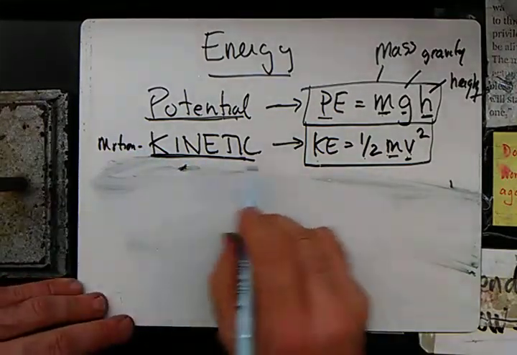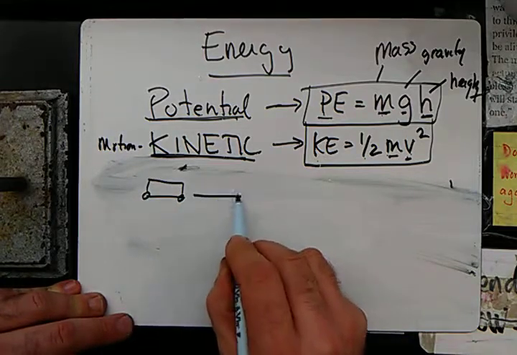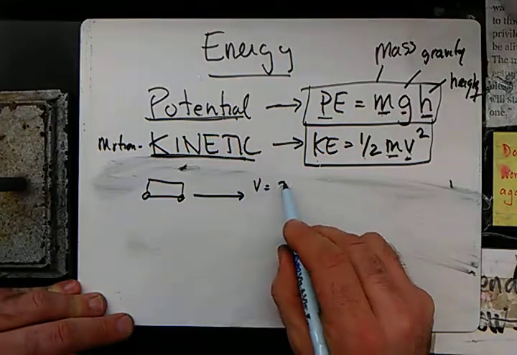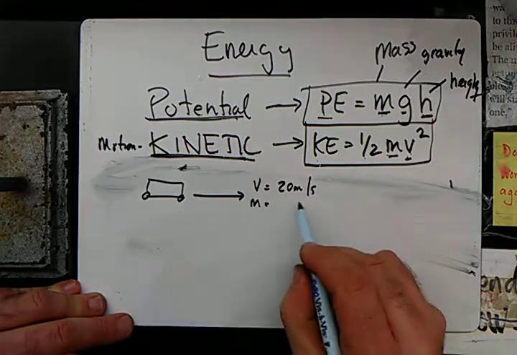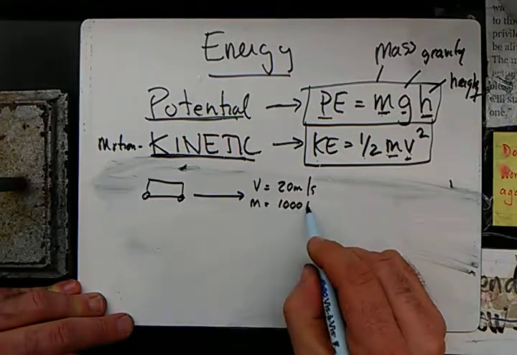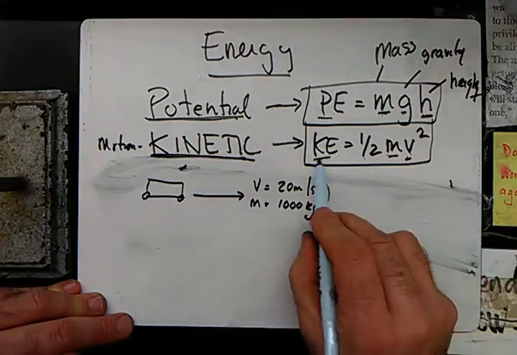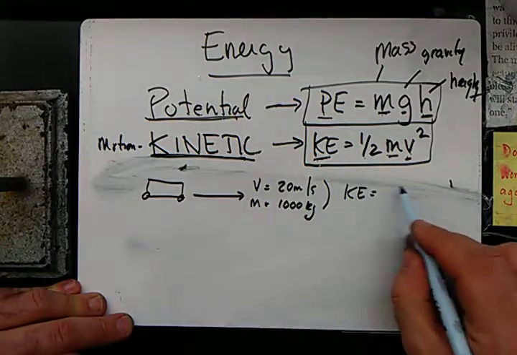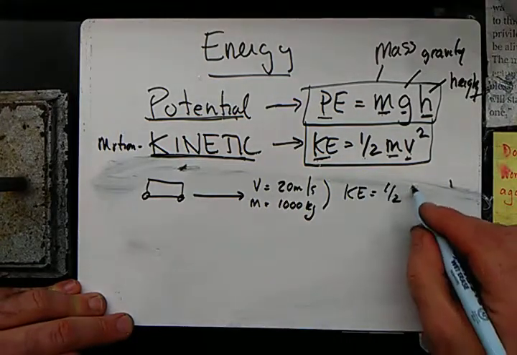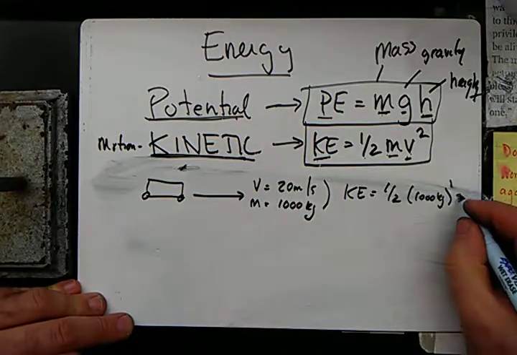Let's say we've got a car that's cruising along with a velocity of 20 meters a second. The mass of the car is 1,000 kilograms. You're going to have to calculate the energy of this car. KE is half the mass times the velocity squared.